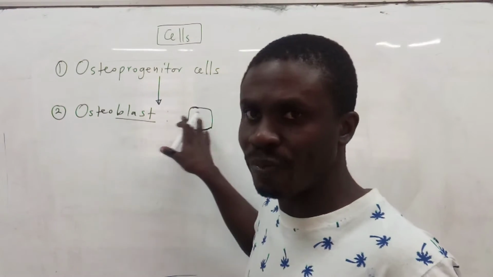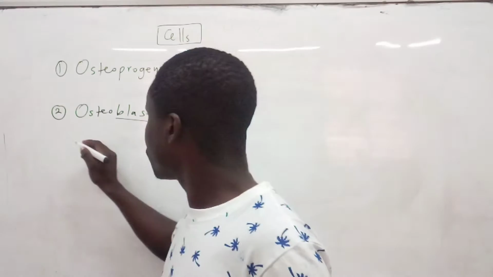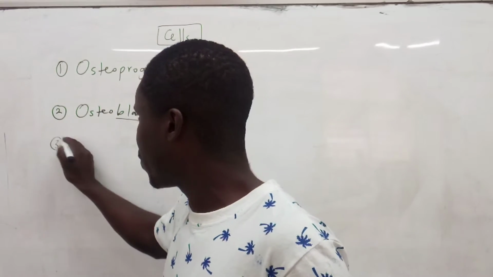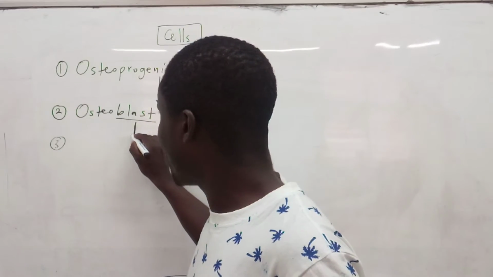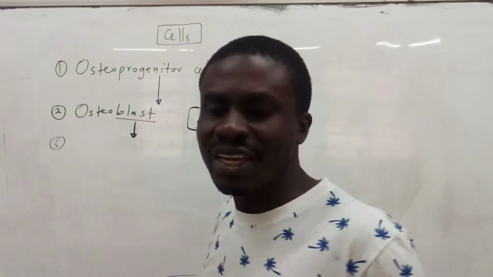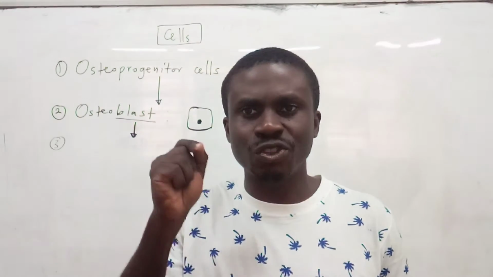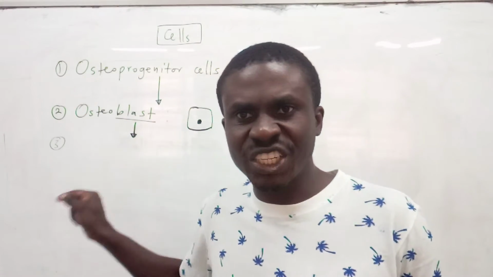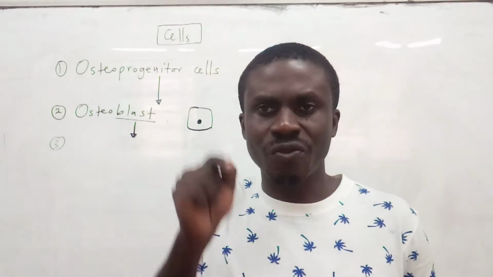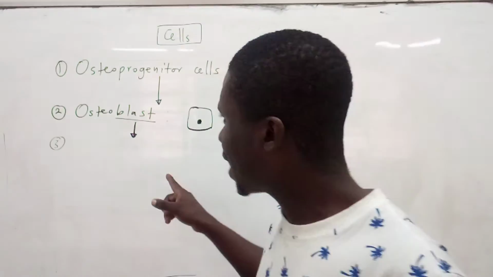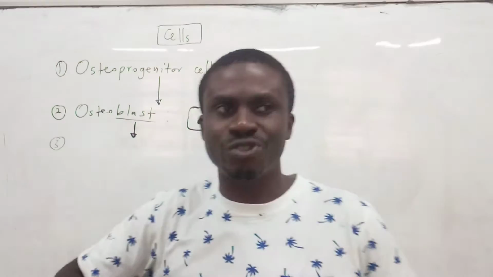That is osteoblast. Then there is one more thing that you should be aware of. Once this osteoblast has laid the extracellular matrix, with concomitant subsequent calcification or mineralization of this protein matrix, this osteoblast will become trapped.